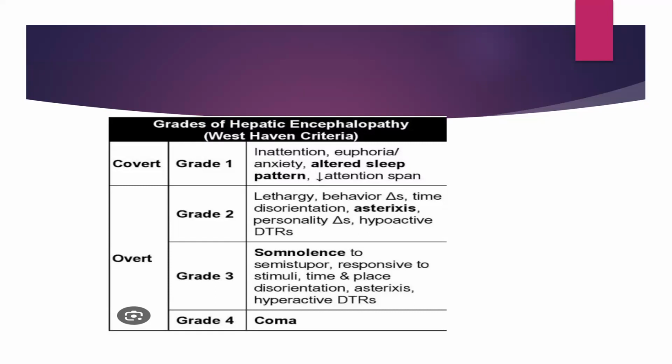Grade 2, if a patient is lethargic, with behavioral symptoms, time disorientation, asterixis, personality disorders, and hyperactive deep tendon reflexes. Grade 3, somnolence or semi-stupor, responsive to stimuli, time and place disorientation, asterixis, and hyperactive DTRs. And grade 4 if the patient is in coma.